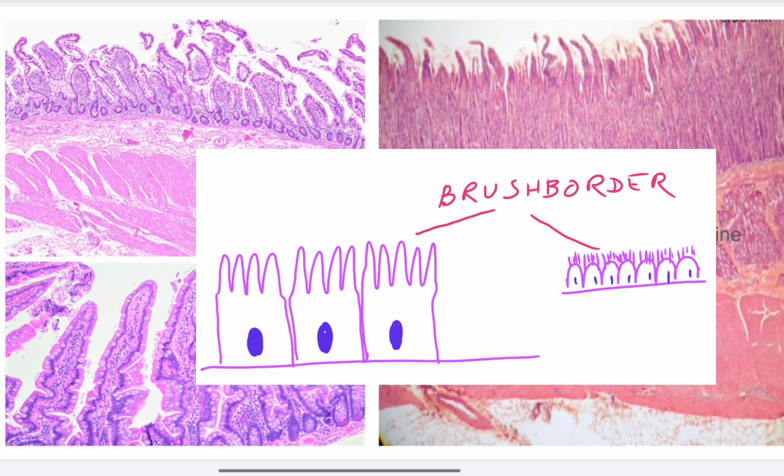The only purpose of that is to give increased surface area for absorption of nutrients. These projections are called microvilli. They are arranged over the epithelium so as to give an impression of a brush border. So this is called brush bordered epithelium.